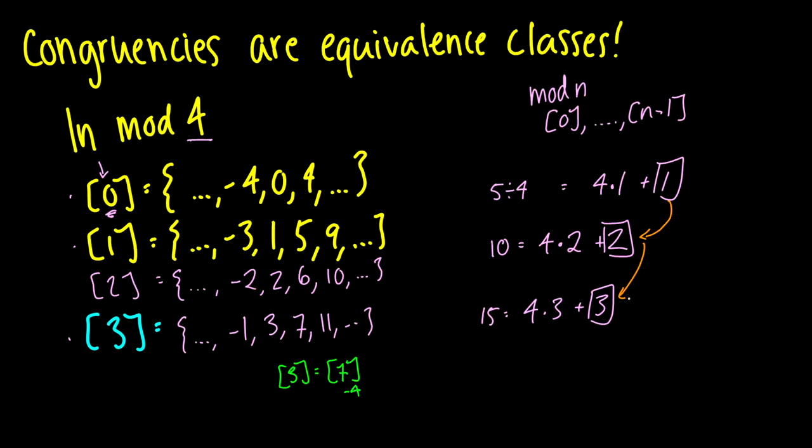You'll notice that in our formula, a is equal to dq plus r, this d is really going to be the modulo number that we're working in. So if we have, for instance, mod n, this is going to be a is equal to nq plus r, and of course this r right here determines the equivalence class.